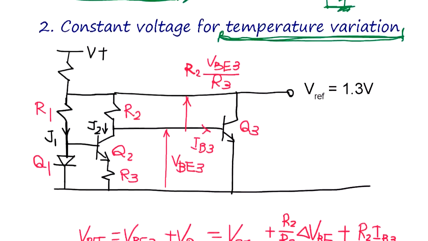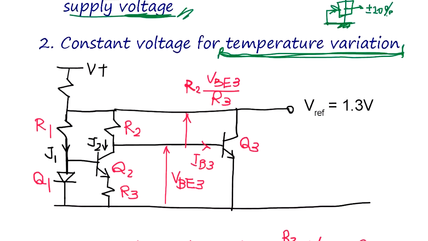So this band gap circuit is to achieve the constant voltage, say reference 1.3 volt. This is the lowest. We can make it higher voltage, and we talk about that later.